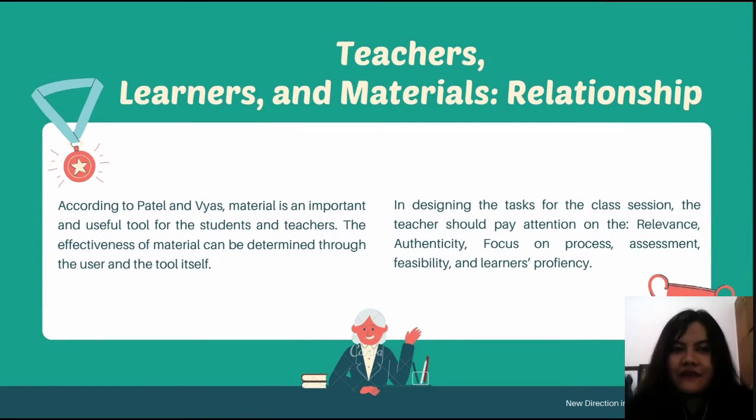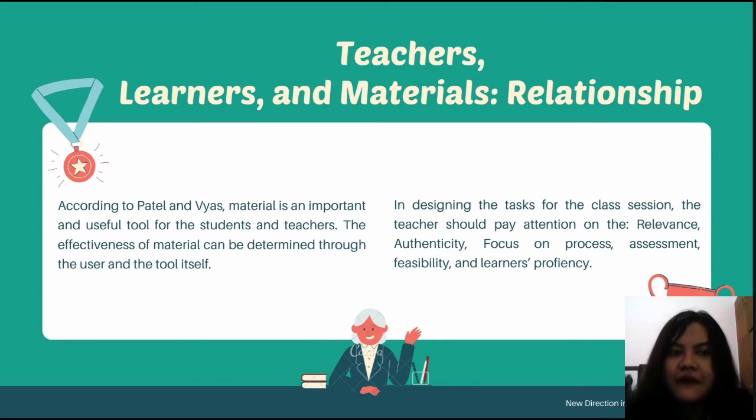For the next slide, we will have teachers, learners, and material relationship. So here, material is an important and useful tool for the student and teacher. The effectiveness of material can be determined through the user and the tool itself.